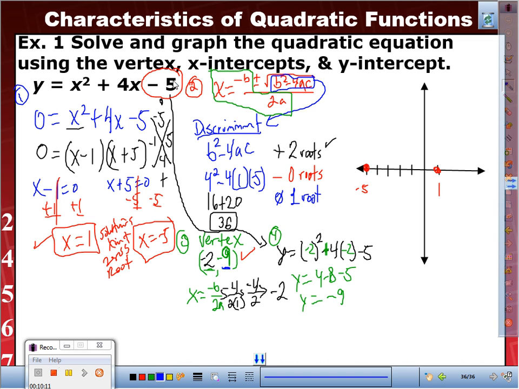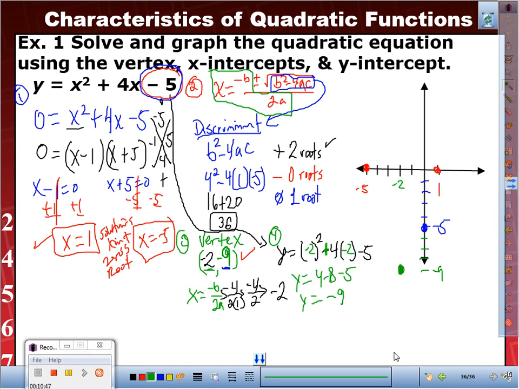My y-intercept we said was negative 5, so we got 1, 2, 3, 4, 5, which is right there. Alright, what are we missing? Oh, the vertex. That's what we said we were going to focus on. So what is my vertex? Negative 2, negative 9. So see, negative 2 is about right here. Negative 9 is down here, so negative 1, 2, 3, 4, 5, 6, 7, 8, 9. So the vertex is about right there.